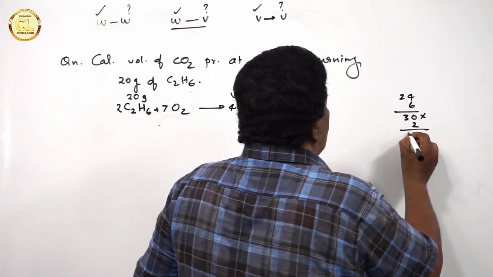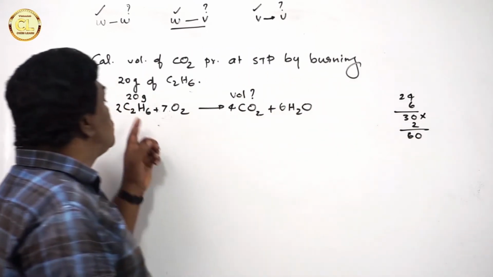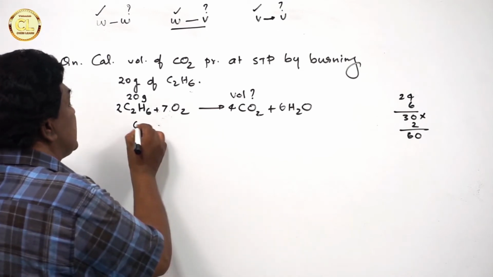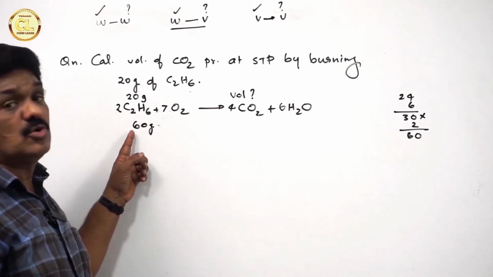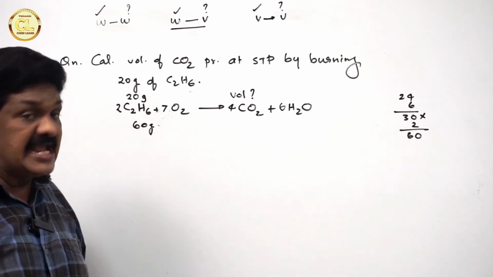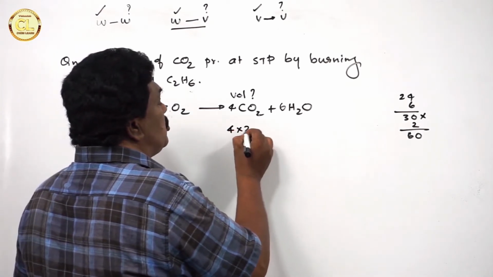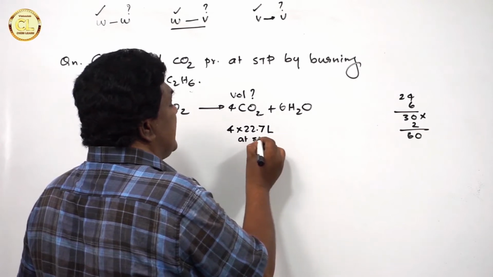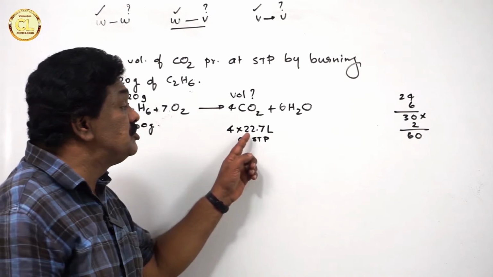There are 2 ethane molecules. So, 30 into 2 is equal to 60 grams. So, for 2 ethane molecules, the total mass is 60 grams. This 60 gram of ethane can give 4 into 22.7 liter of carbon dioxide at STP. The molar volume at STP is 22.7.